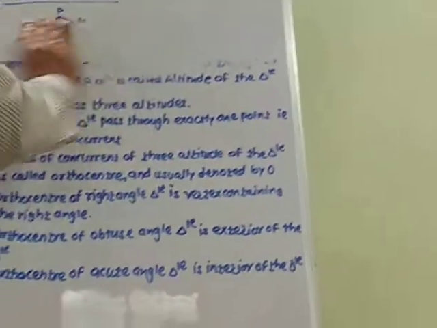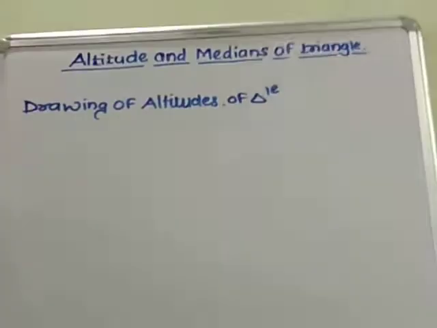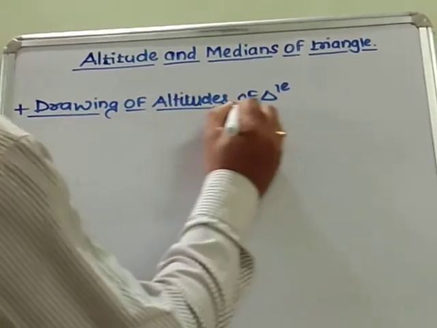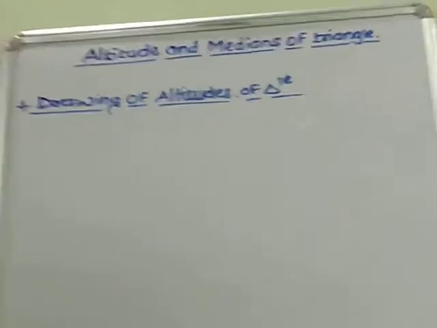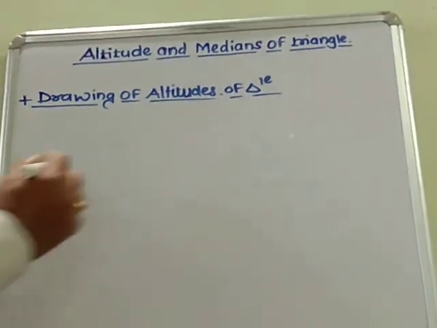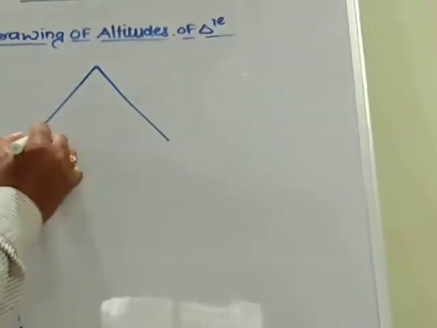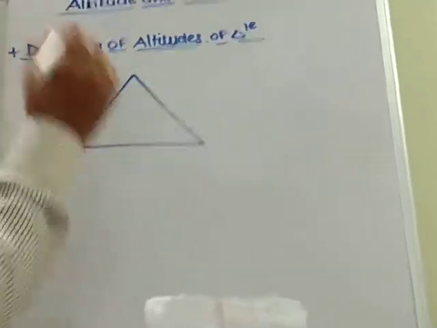Now, the next point regarding the altitude. Now see how to draw the altitudes of a triangle. For that, first of all, draw a triangle like this.